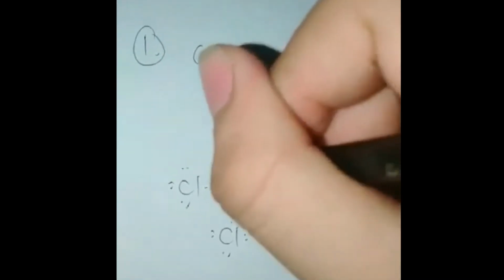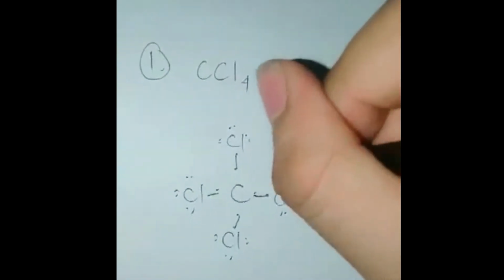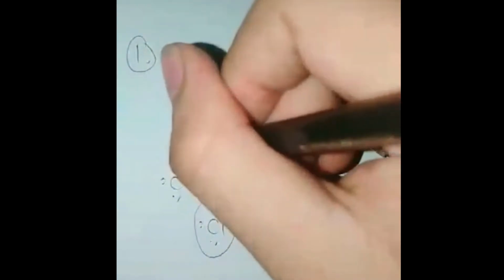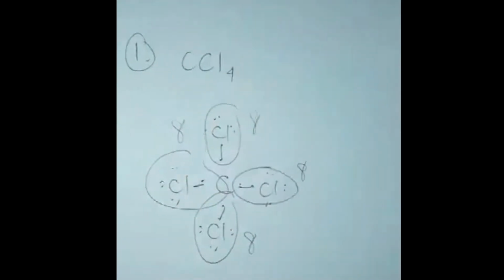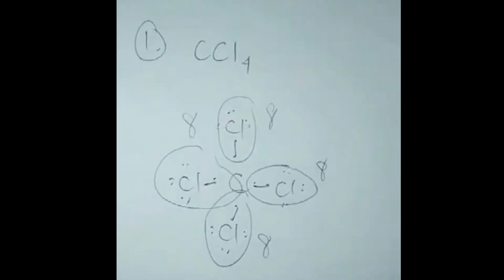So kailangan connect natin each side. So kada equal niya dito is 8. 8 8 8. So 8 times 4 equals 32. So meron na tayong 32.